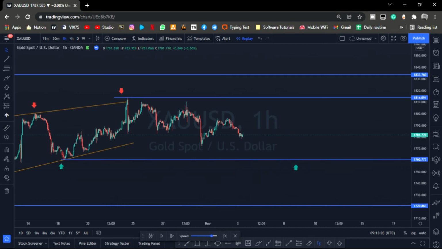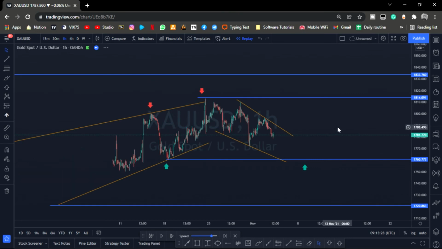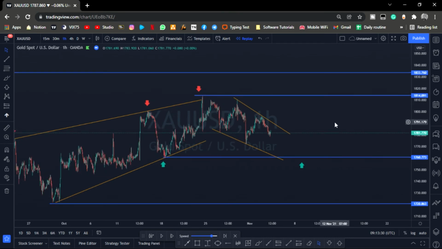What I see right here is that we have this descending pattern right here. The important part at this point is not this structure or the resistance zone. The important part is that this structure is aligned with this resistance zone.